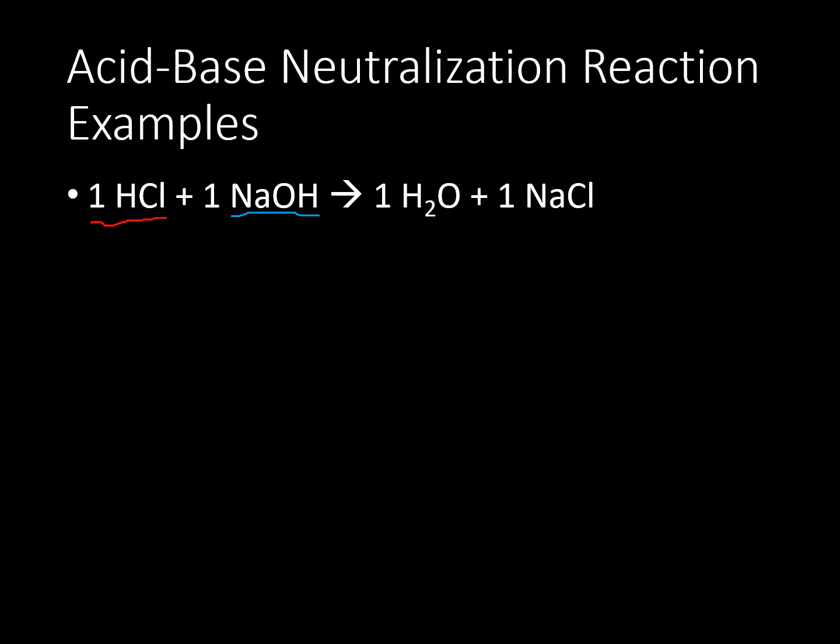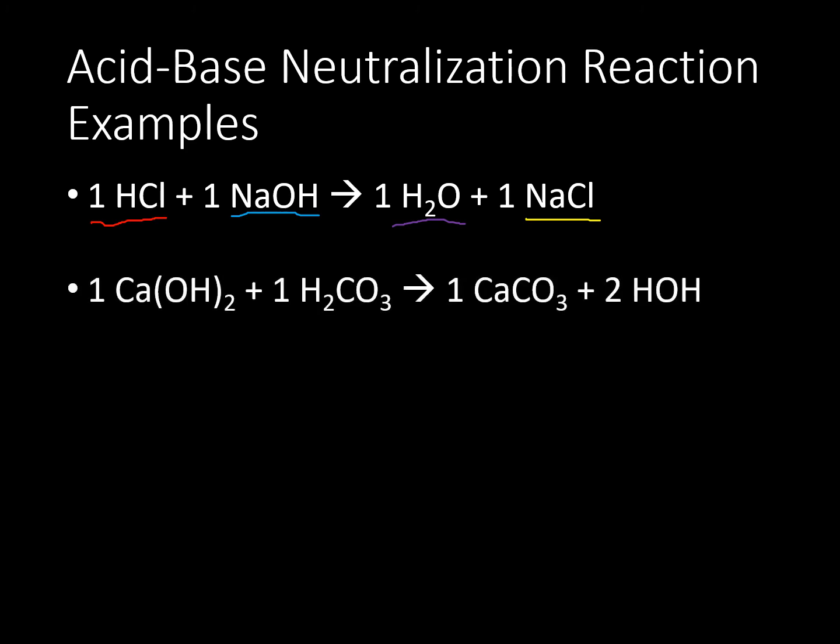Again, they give off hydroxide ions. Water will either be H2O or HOH, and our neutral salt will not contain either H nor OH. It's important to remember that your reactants will always be the acid and the base, although the order could be flipped, and your products will always be water and a neutral salt.